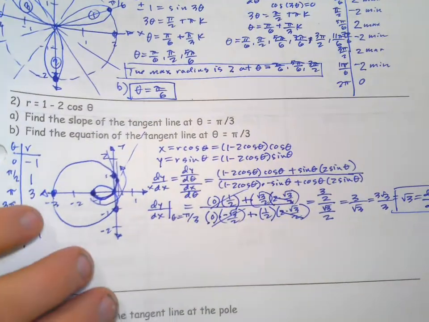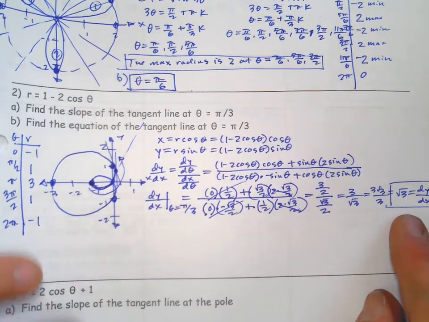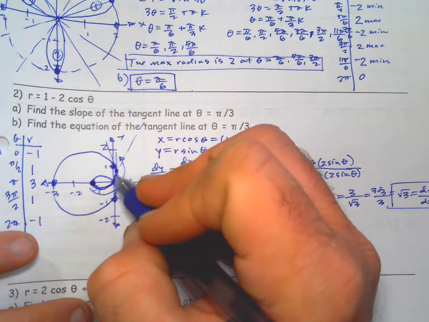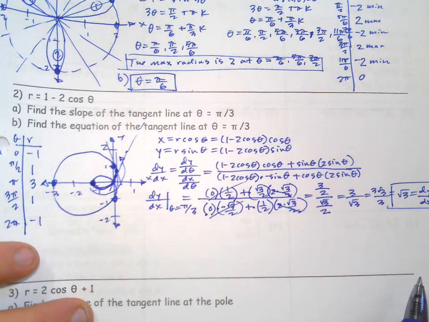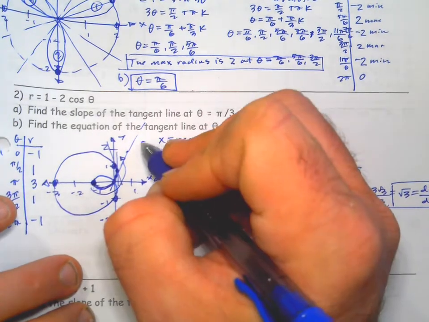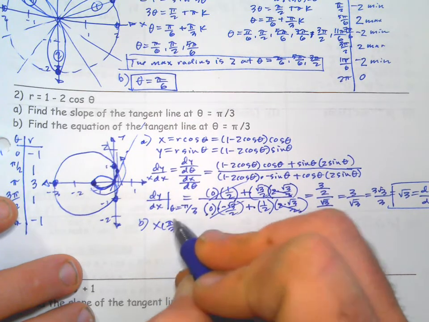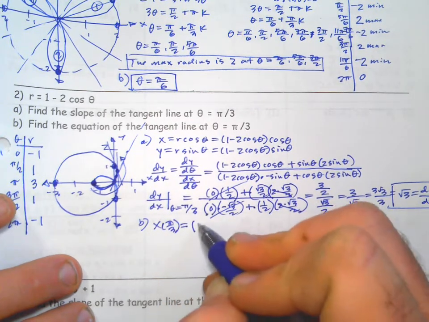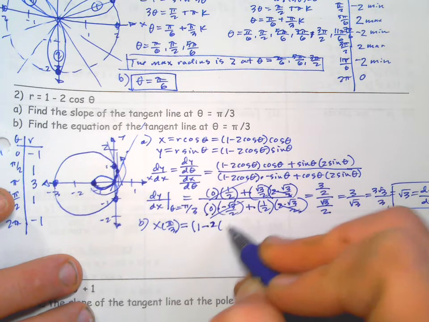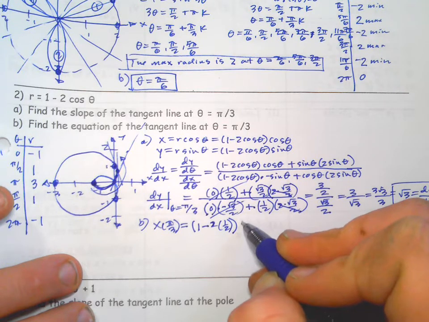Okay. Now we need the equation of the tangent line. So we need the x and y coordinates. Now, by the way, that's a positive slope. I mean, I guess it could have been somewhere around there, you know. Not quite. We're going to find the x and y coordinates right now. So x at pi over 3 is going to be 1 minus 2 times cosine of pi over 3, which is 1/2, and then cosine of pi over 3 is 1/2.